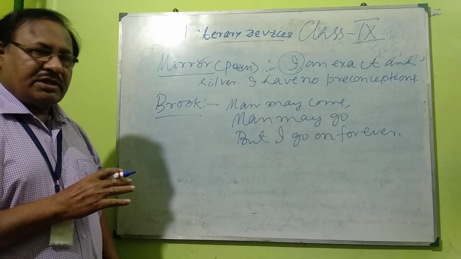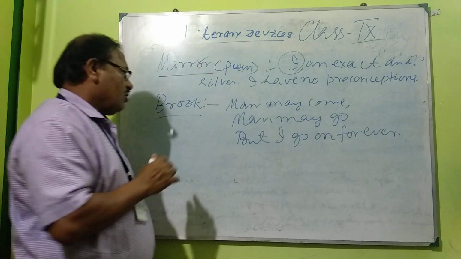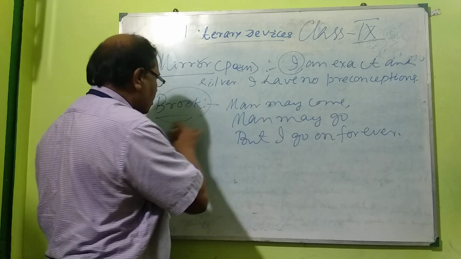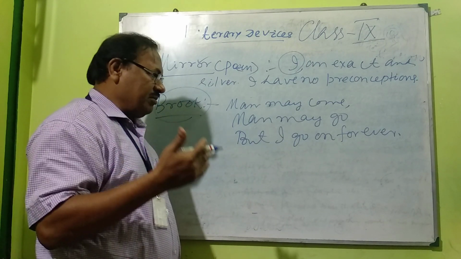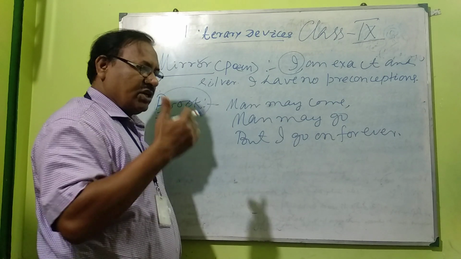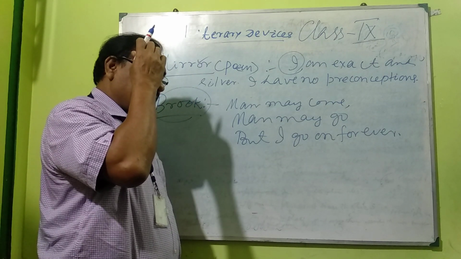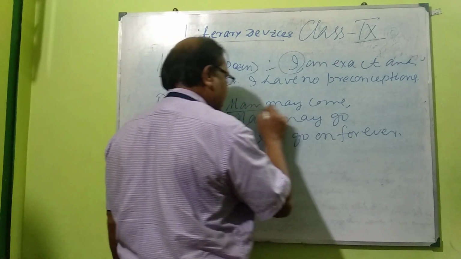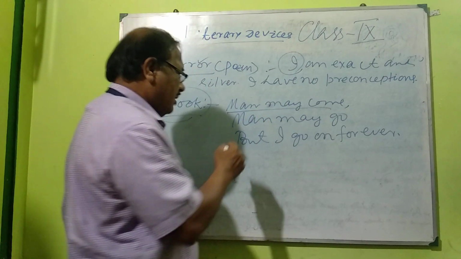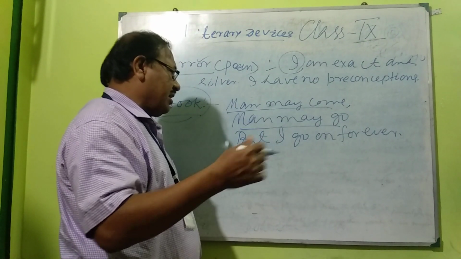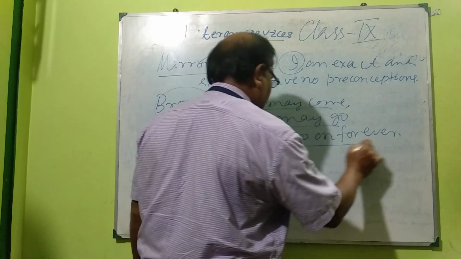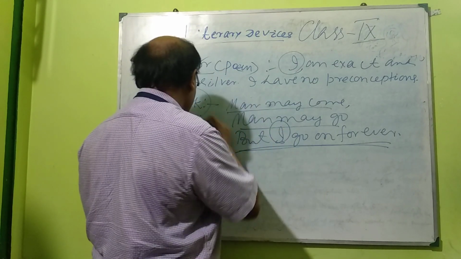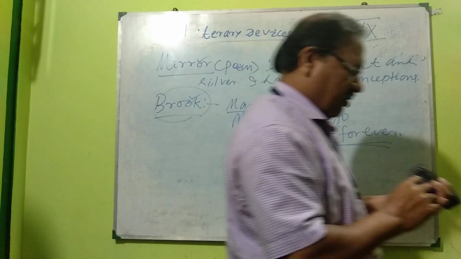In the poem Brook, written by Lord Alfred Tennyson, who is the speaker, who is the narrator? Not the poet. That is the brook. Like that of a human being, the brook narrates its journey, starting from its birth till it mixes with the sea. Man may come, man may take birth, man may go, man may die, but I am eternal. I have no death. I am not mortal like a human being. I means the brook, go on forever.